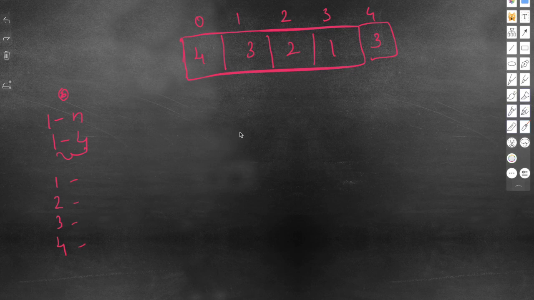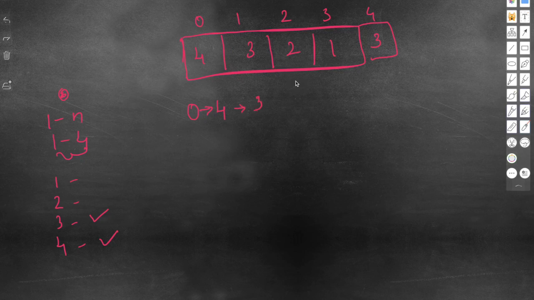Now let's iterate over this array. I started with index 0 and got the value 4. That means I will mark 4 as visited. Now I will go to the next index, which is the value I got at the 0th place, that is 4. At index 4 the value is 3. I will mark it as visited, and the next index I'm going to visit is 3.